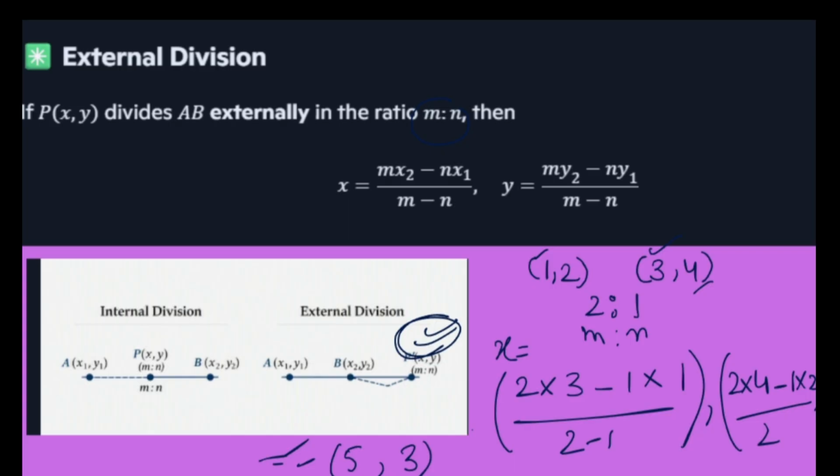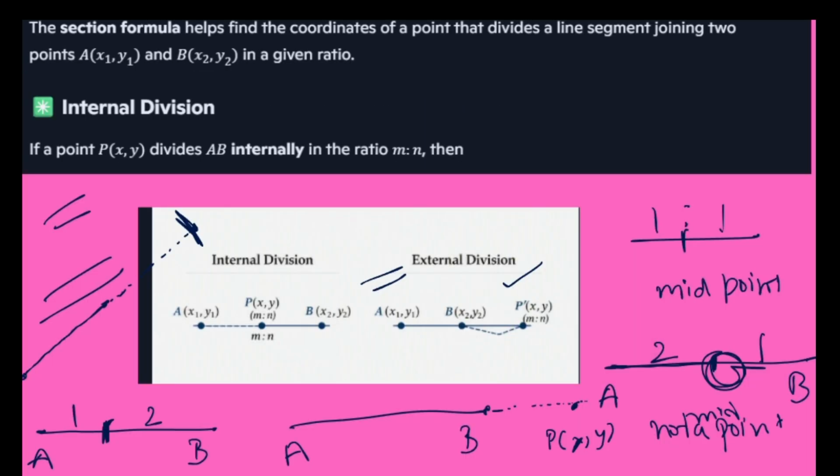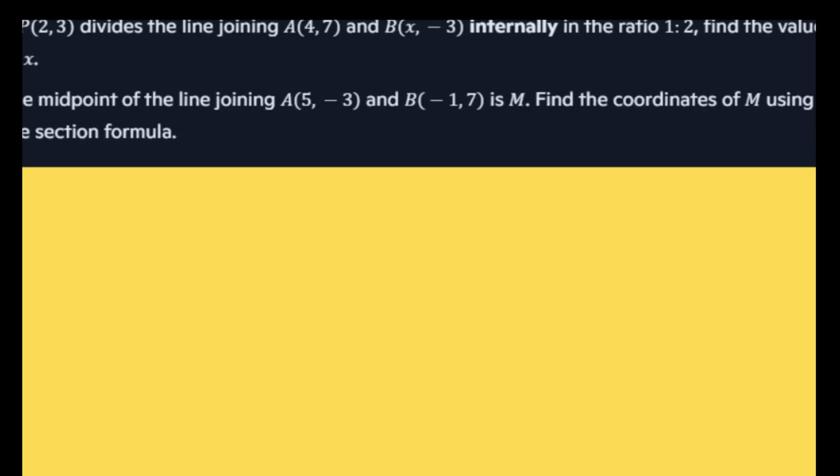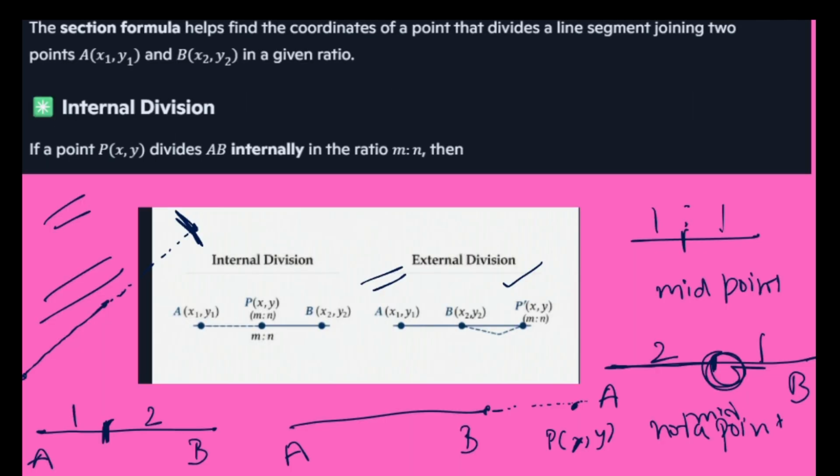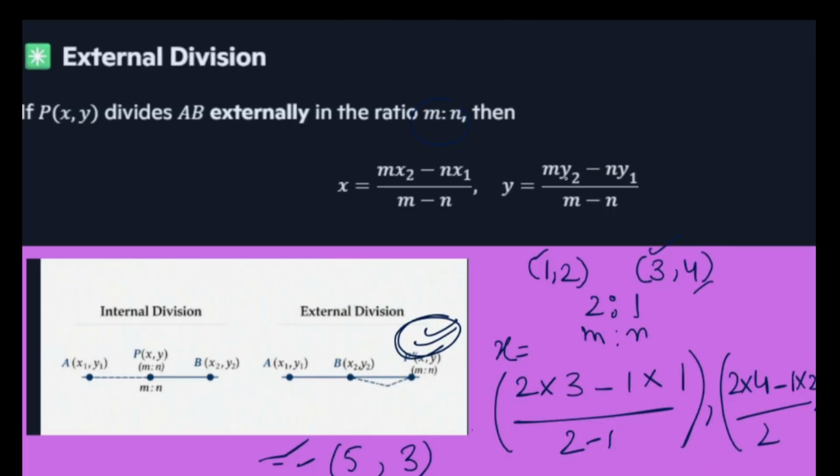For the internal division, there is also a formula that we are going to use. For external division, you have to remember the formula: (m x2 minus n x1) upon (m minus n), and (m y2 minus n y1) upon (m minus n).